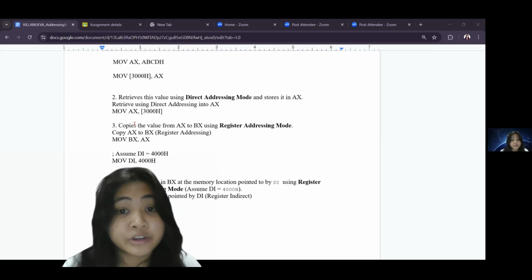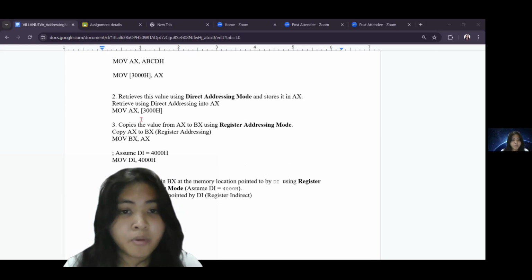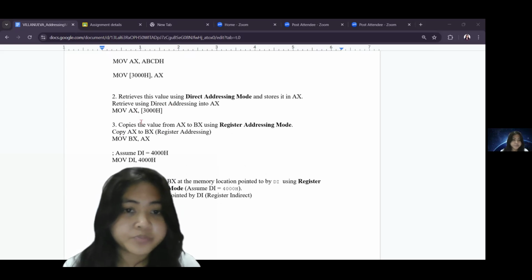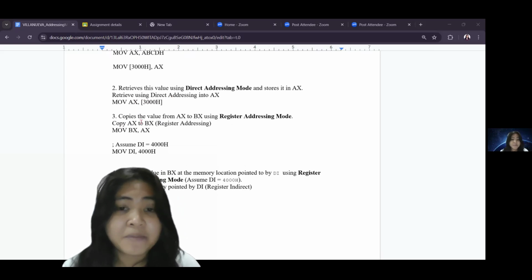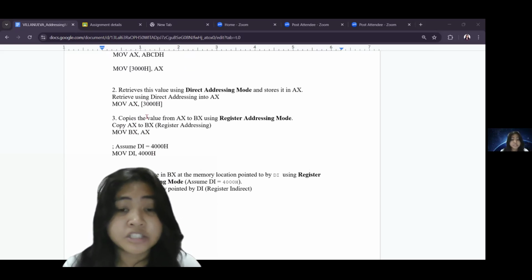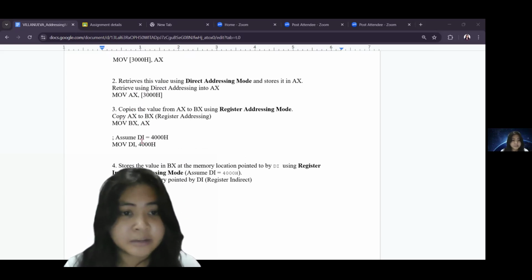Step 2, retrieve it back into AX. So mov AX, comma, bracket 3000H, direct addressing to read from memory. Step 3, copy AX to BX. Mov BX, comma, AX. So simple register to register transfer siya.